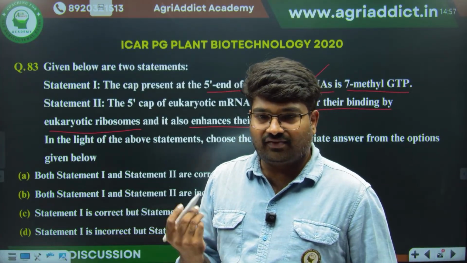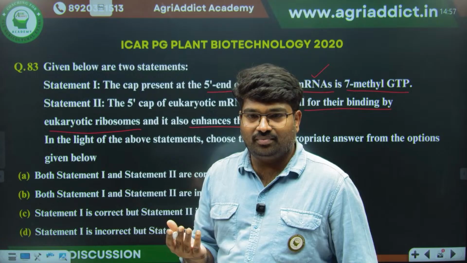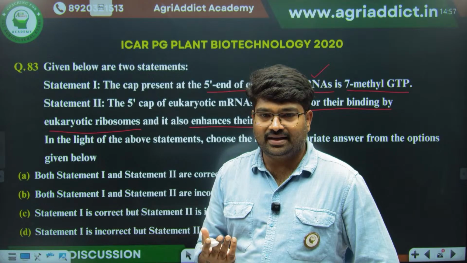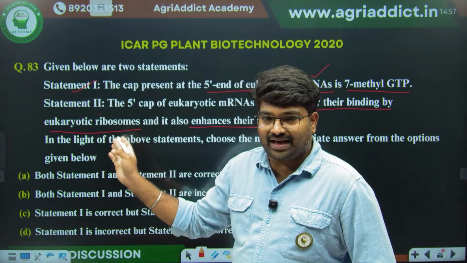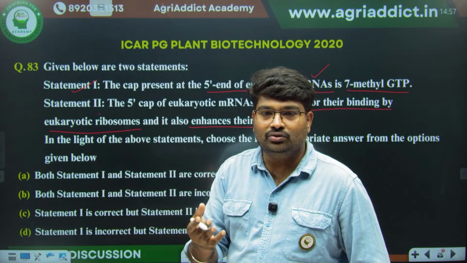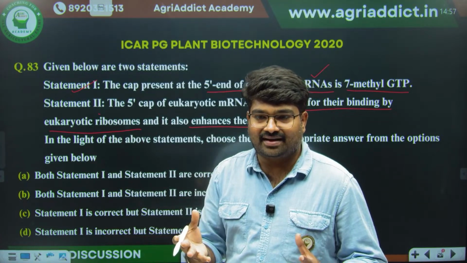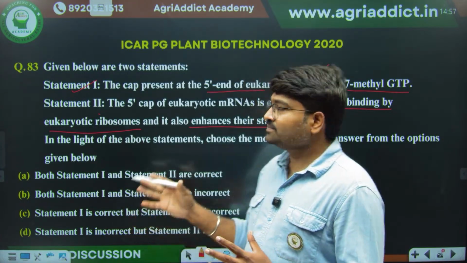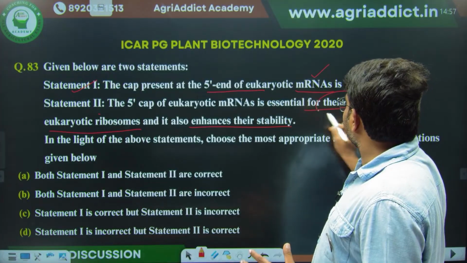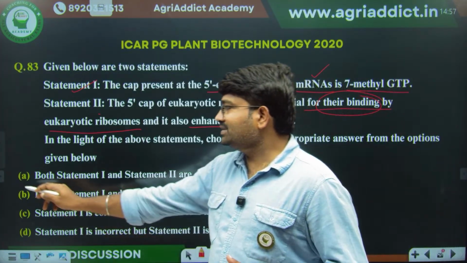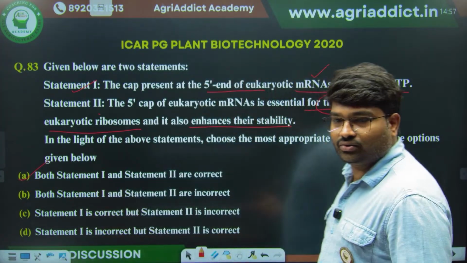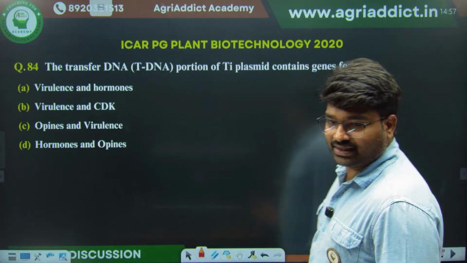Yes, the cap structure, 5' methyl guanosine, will be there. That is correct. The 5' cap structure helps to stabilize the messenger RNA and is essential for binding of the ribosome. This we have already discussed. Both 1 and 2 will be the right option.